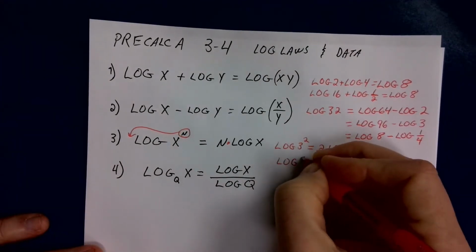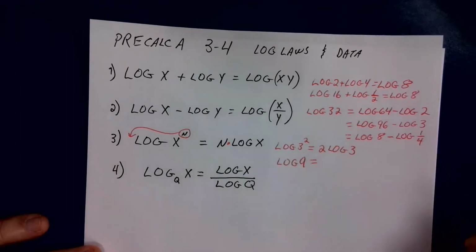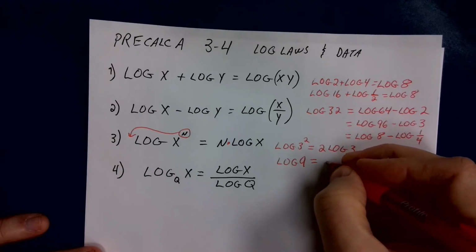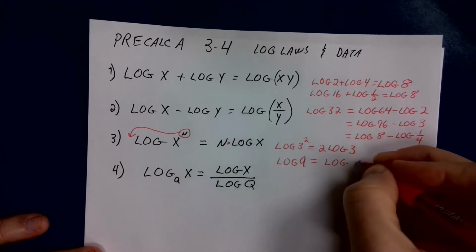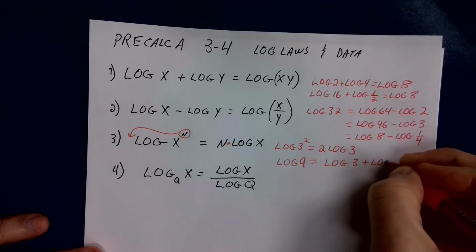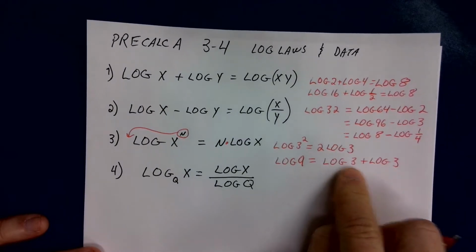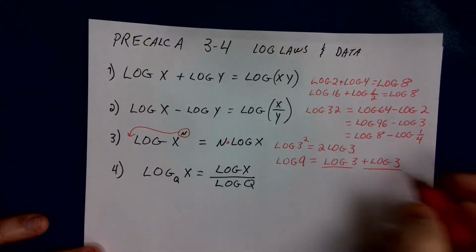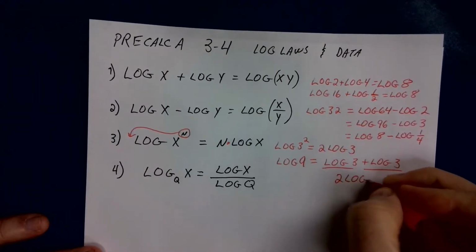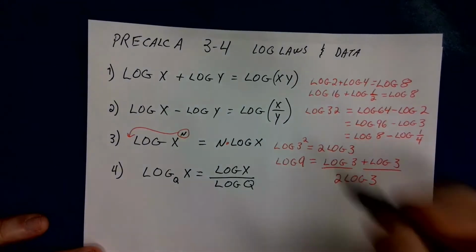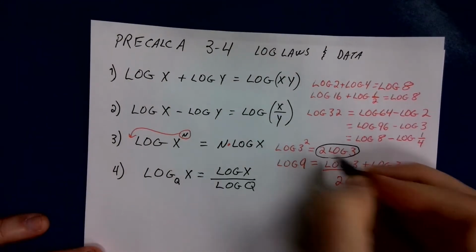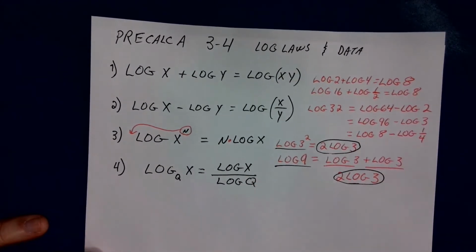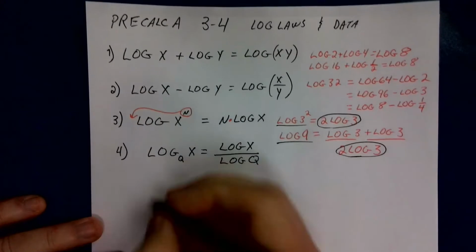So if I wrote this as the log of 9, I'm hoping that you would say by log law number 1, I could rewrite that as the log of 3 plus the log of 3, because 2 sums of logs equals the log of their product, yes? And if there's a log of 3 plus another log of 3, that's 2 logs of 3, and now you can see that that is the same whether or not you write it like that or like that.